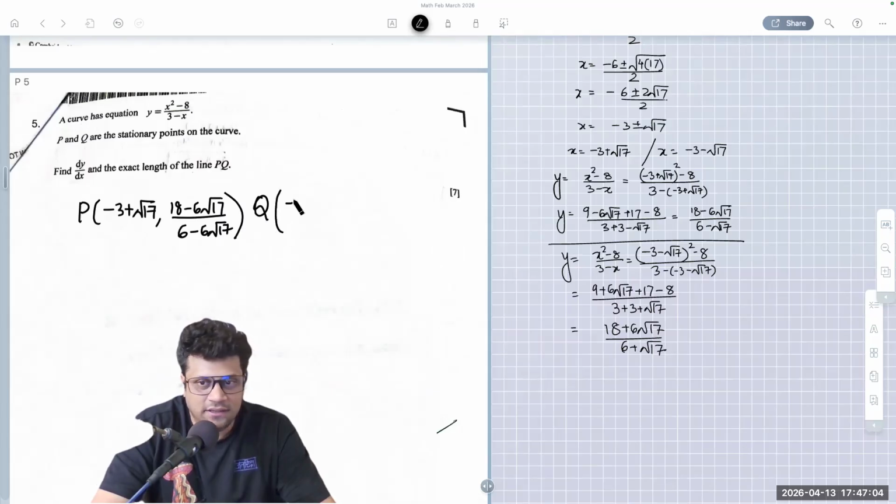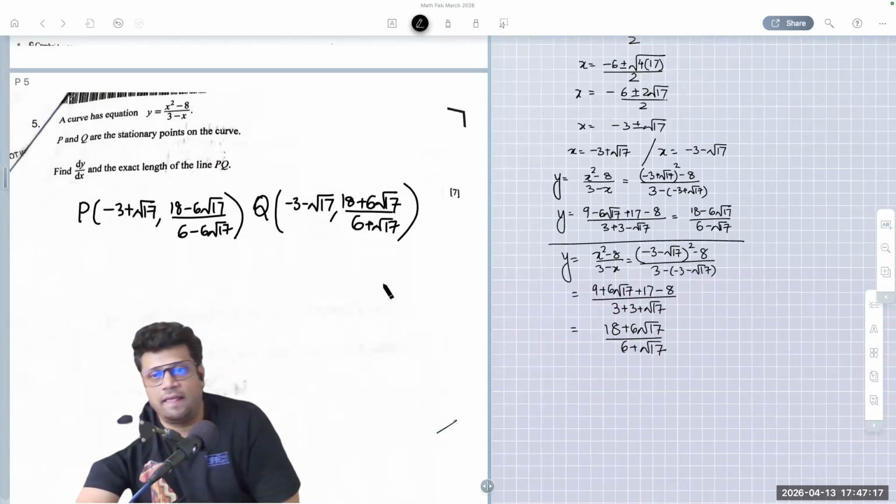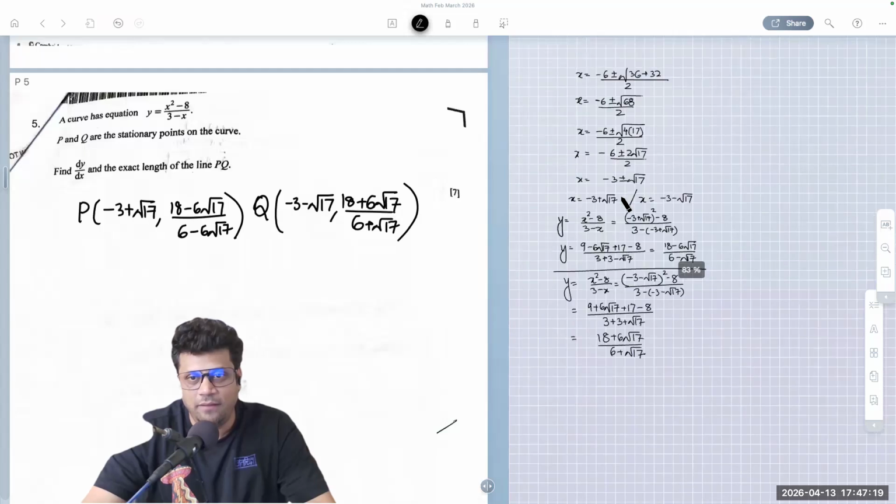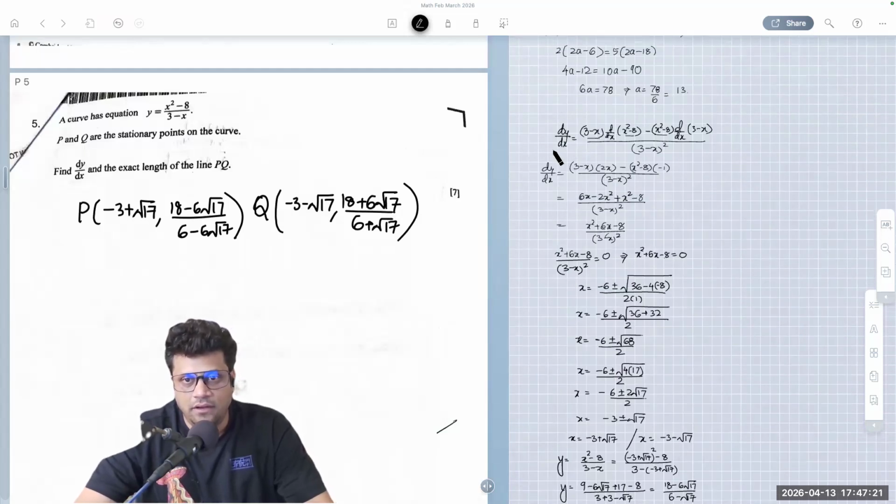Q has negative 3 negative root 17 comma 18 plus 6 root 17 by 6 plus root 17 as the y. Wait, I just hope I have come up to the right values here.